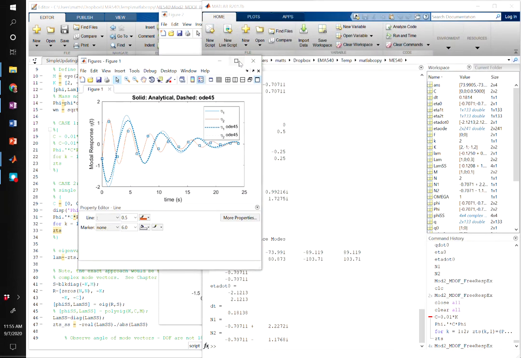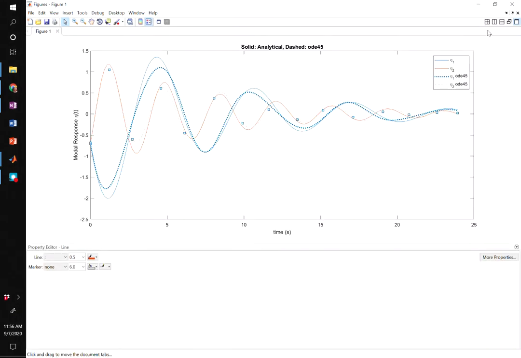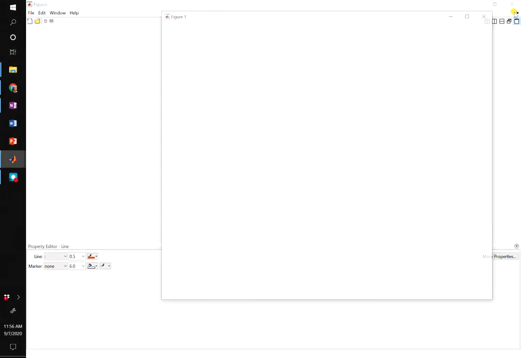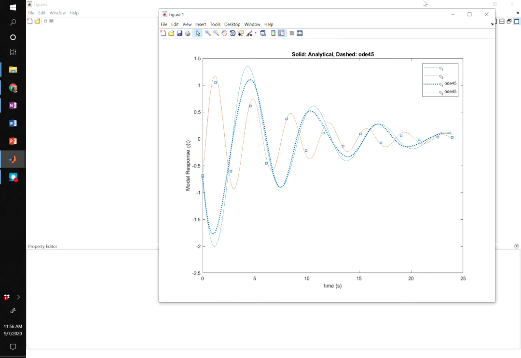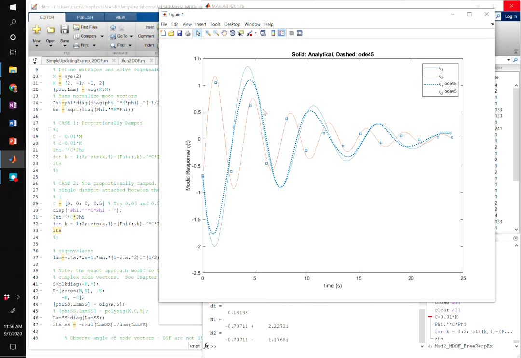Oh, I hate when that happens. Let's pop it back out, because I really don't like that editor. Okay, so anyway, there is some coupling here, and the coupling in the damping is captured by the state space approach, or by ODE45, and it's neglected by the classical approach.